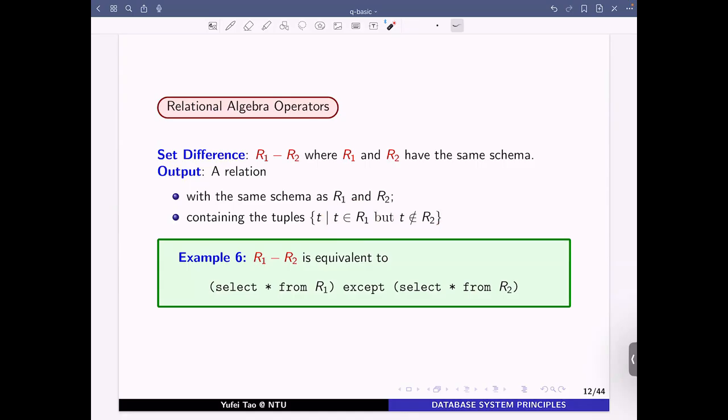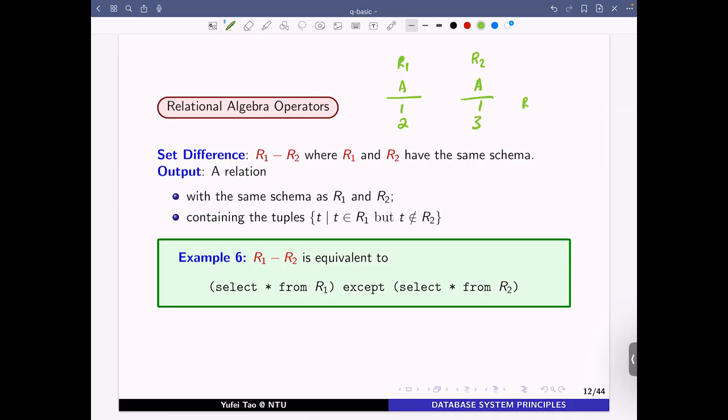You have to remember this is not the same as R2 minus R1. I repeat, R1 minus R2 is not equivalent to R2 minus R1. As a simple example, let's say R1 has attribute A with values 1, 2, and the other relation R2, also with schema A, has tuples 1, 3.